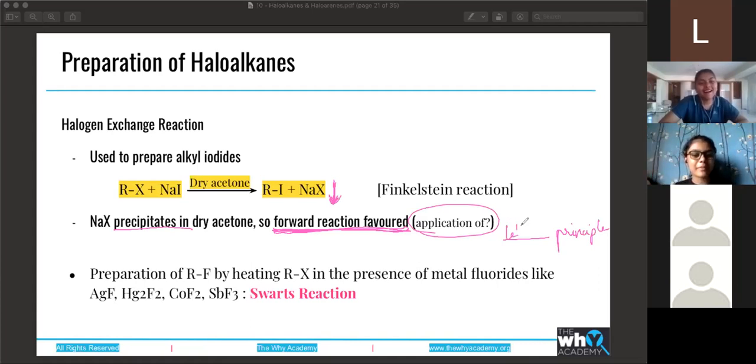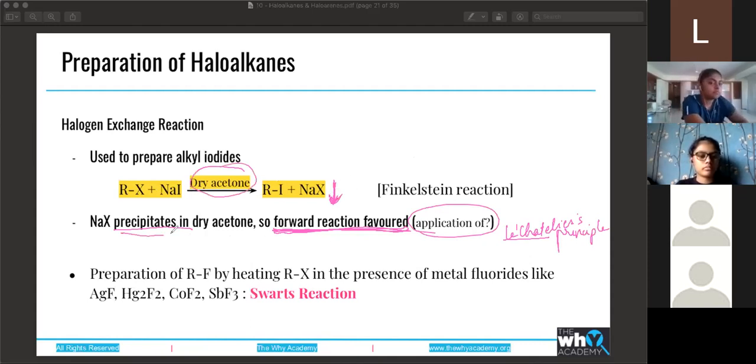I was thinking about NaX and dry acetone, and where is that used as an application? So the point is that NaX, like NaCl, NaBr are polar, like they're salts, soluble in water. So that's why you're taking dry acetone, which is non-polar, so that it precipitates out.